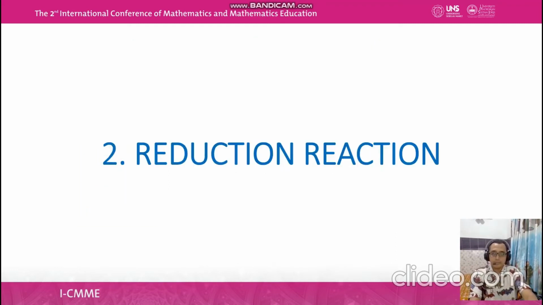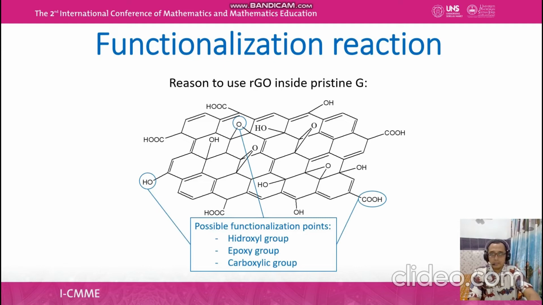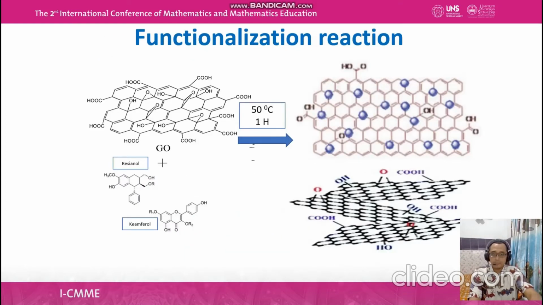Reduction reaction. Reduced graphene oxide, or RGO, is a type of graphene that contains oxygen functional groups, including hydroxyl group, epoxy group, and carboxylic group, and has several interesting properties that are different from graphene.